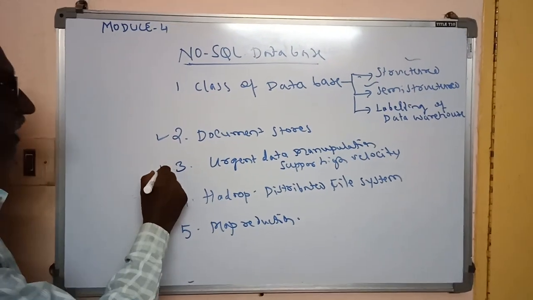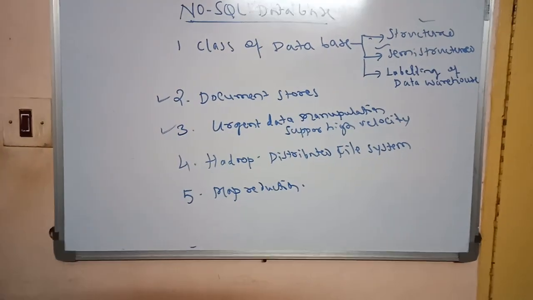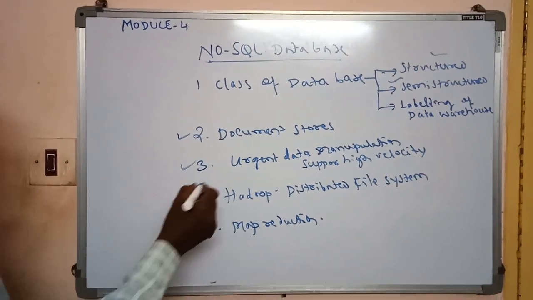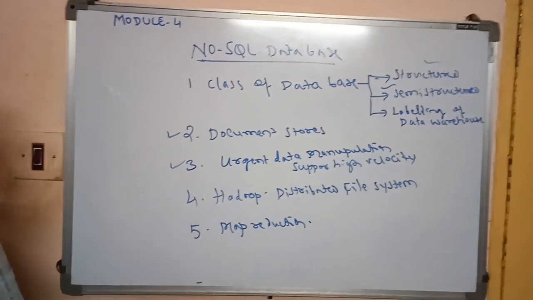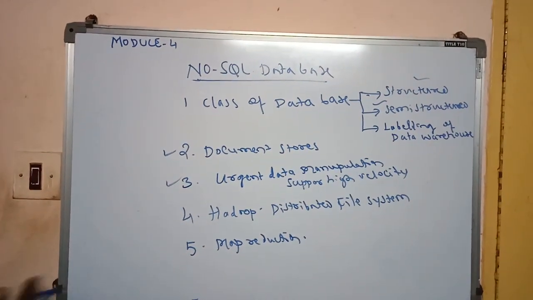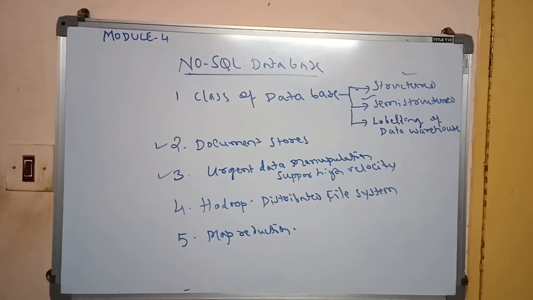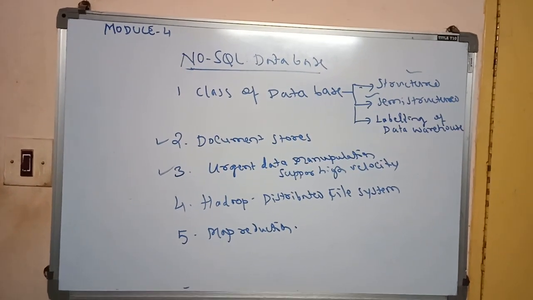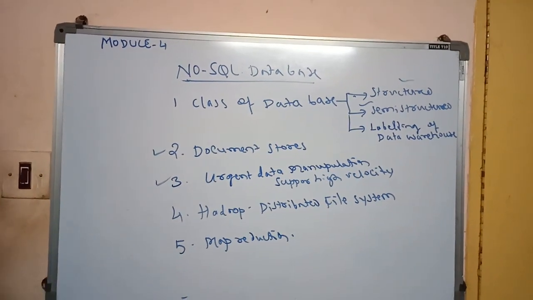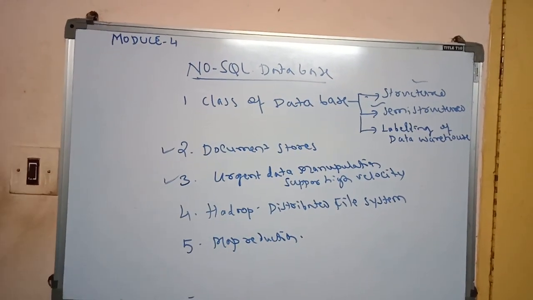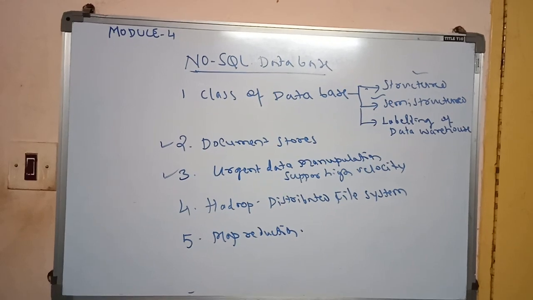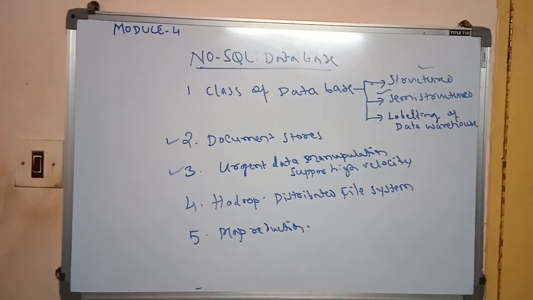Another important characteristic of NoSQL is that for urgent data manipulation, it supports high velocity of data. Data has to be gathered in a particular server or master host of the computer or information center. This NoSQL tool is a most essential tool for both structured as well as semi-structured data.